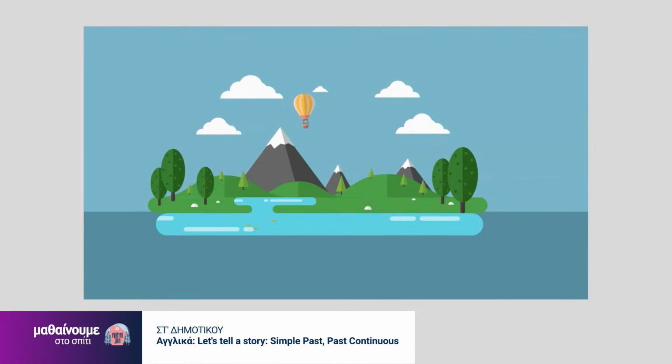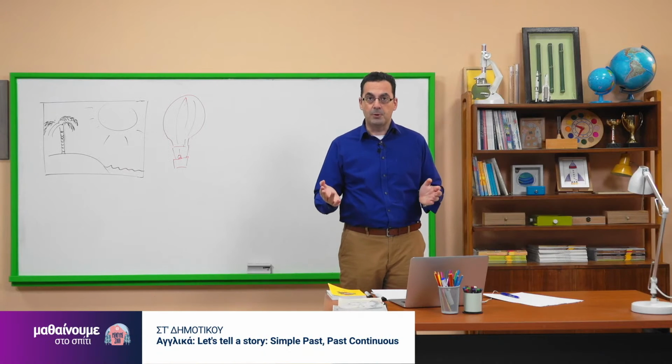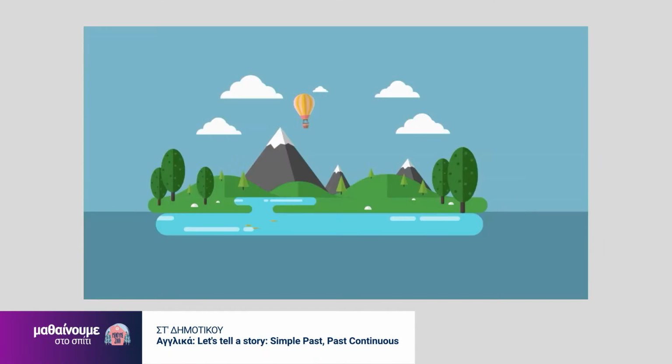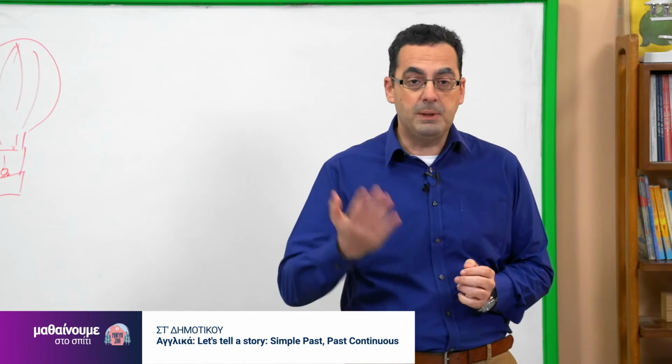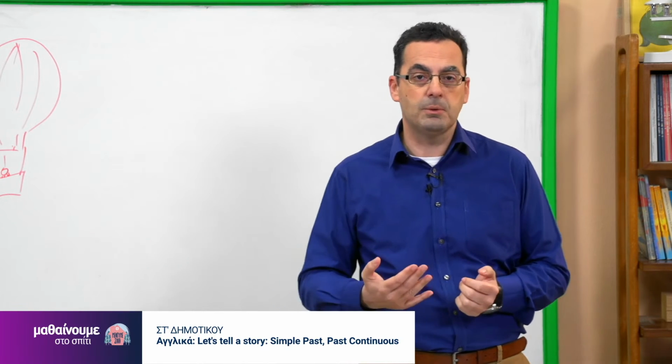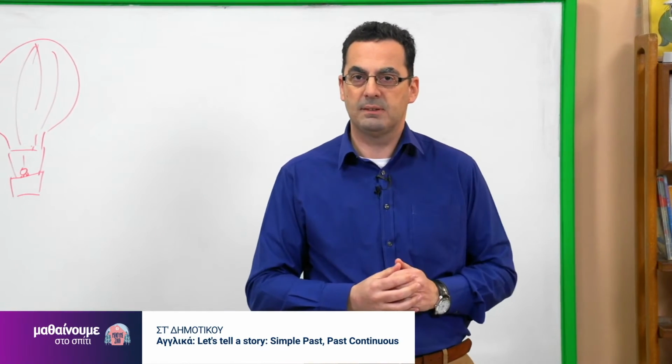He could see mountains covered with snow, and there were many green trees and forests. Very good. Now the problem is that you can see the story, but your reader or the people who listen to you, they can't see it. So you have to use words to describe it.